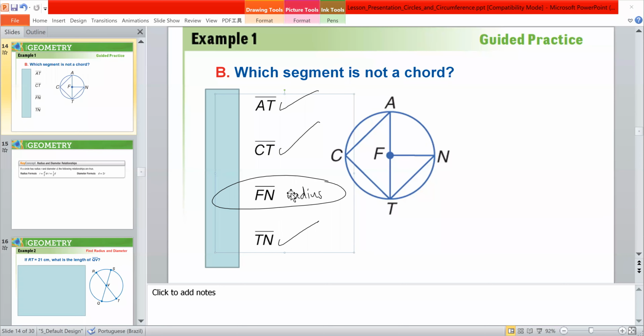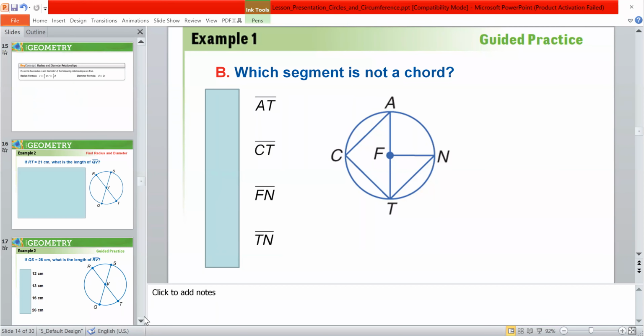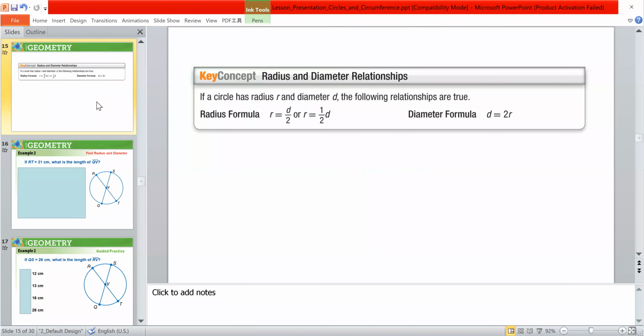Thanks, Mazen. I'm going to Mashari. Another example. Wait with me, Mashari. Pay attention. Mashari, can you read, please, the hint? If a circle has a radius r and a diameter d, the following relationships are true. Radius formula: r equals d over 2, or r equals half d. Diameter formula: d equals 2r.